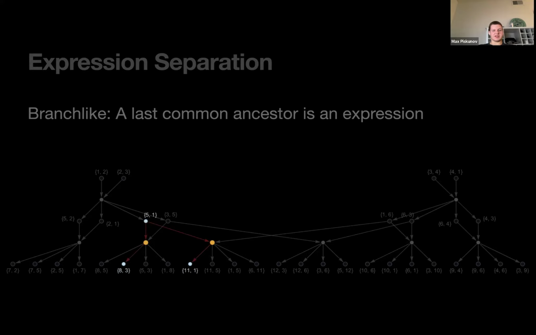And you can see they're branch-like because they branch out from another expression. And in this case, it's obvious they cannot appear in the same state, because for them to appear in the same state, the two events they depend on must coexist. But those two events consume the same expression as an input, which makes them incompatible with one another.